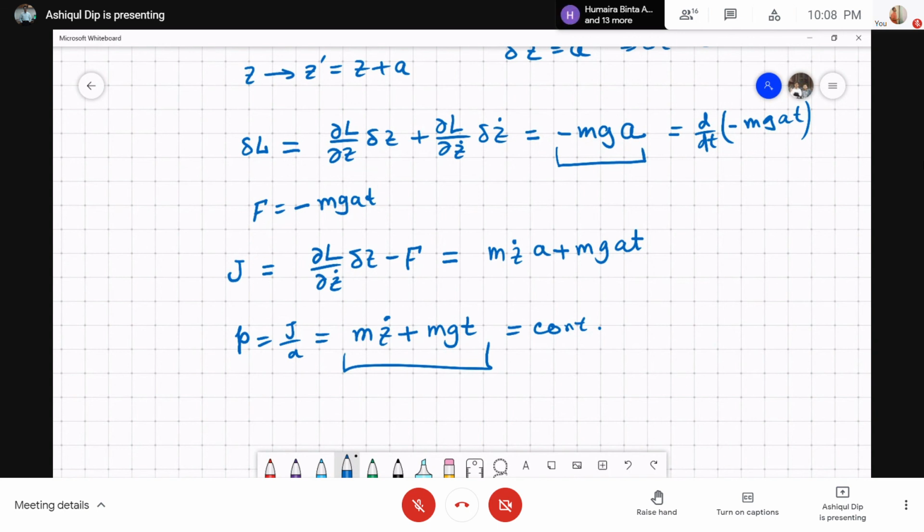Are we considering the field as our system here? What field, the gravitational field? No, our system is the mass moving inside that gravitational field.